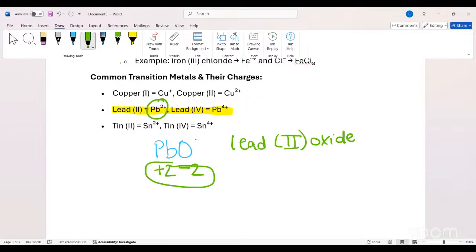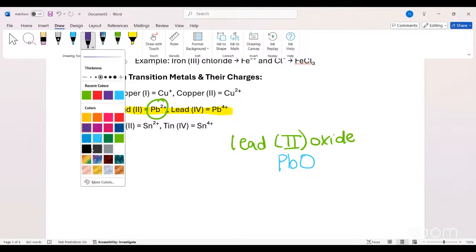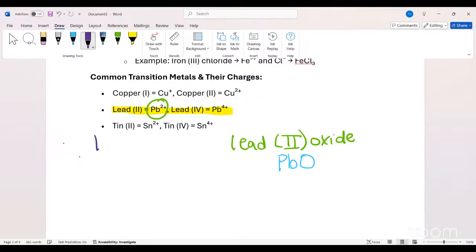Now, if this is the formula for lead 2 oxide, let me go ahead and move this over. I'm just going to go ahead and write the formula name. If this is the name for lead 2 oxide, PbO, what happens if I now tell you to write the name for, let's say, lead Roman numeral 4 oxide?